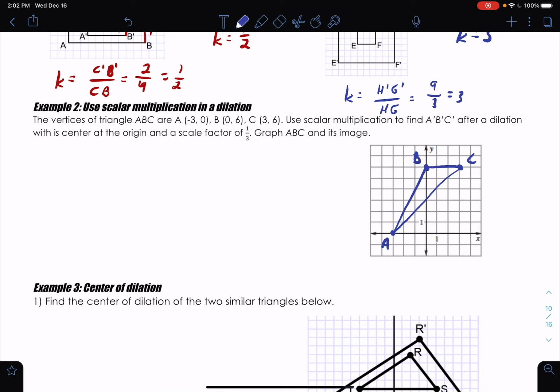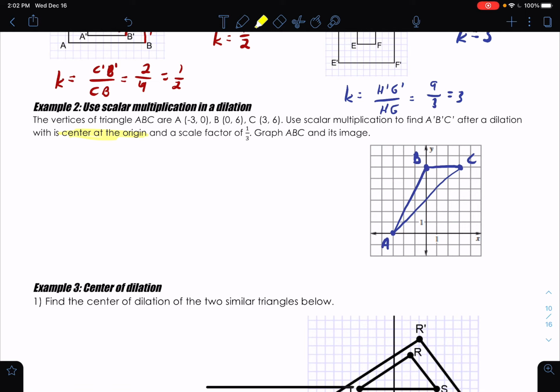Use scalar multiplication to find A prime, B prime, C prime after a dilation with its center at the origin. So that's a key part here. We're centered at the origin with a scale factor of 1/3. Graph ABC and its image.